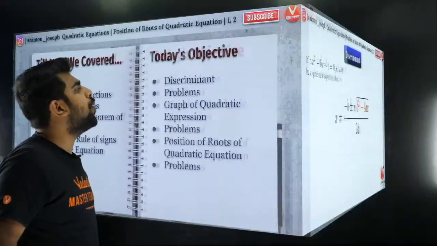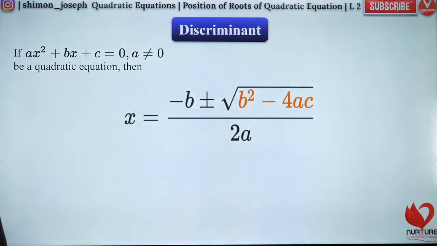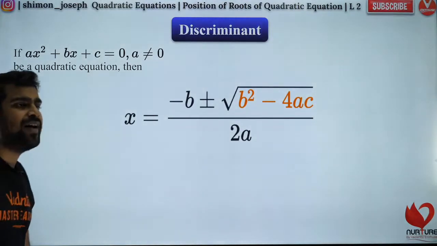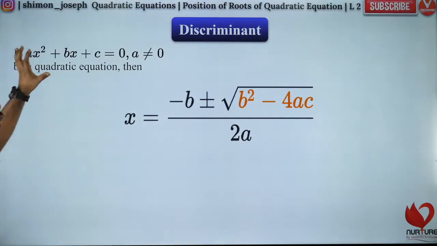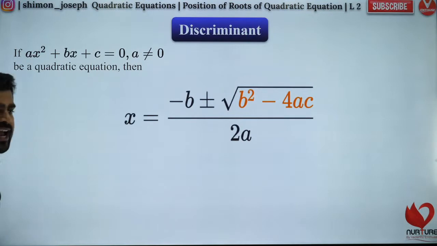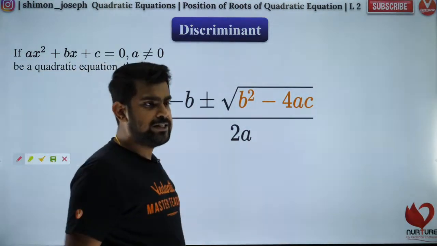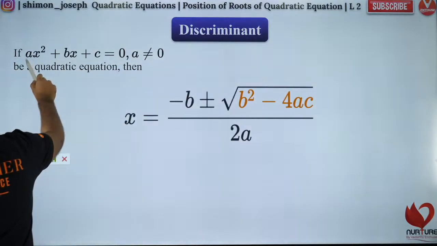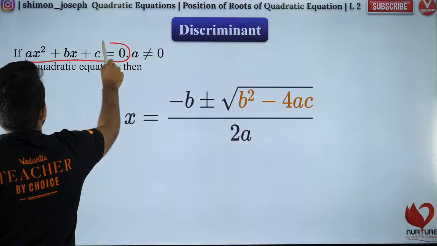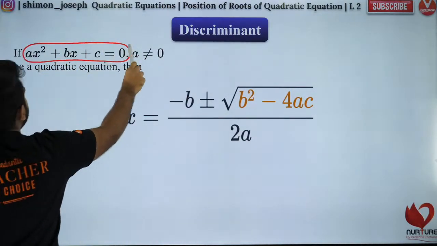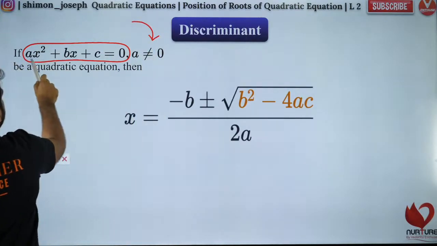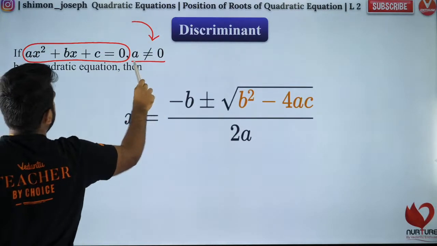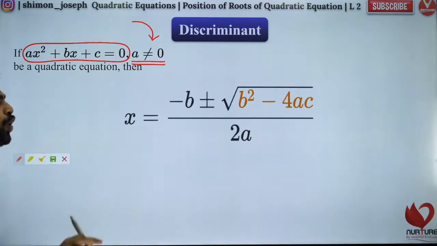Okay, so here we go, boys and girls. This is the first part. Whenever you have a quadratic equation, I already taught you this. This is what we call a quadratic equation. Why is this condition given? Because if it is a quadratic, then the leading coefficient should not be 0.